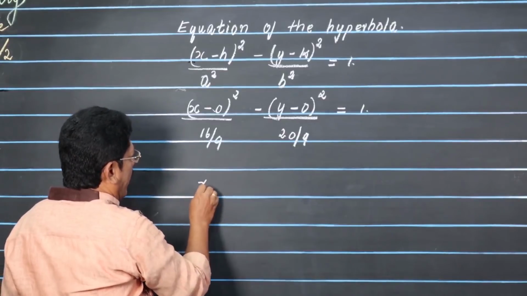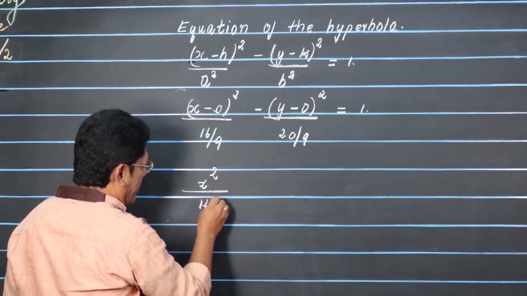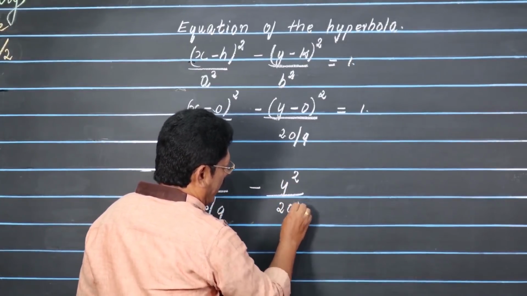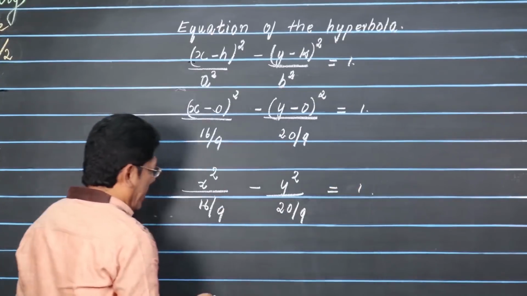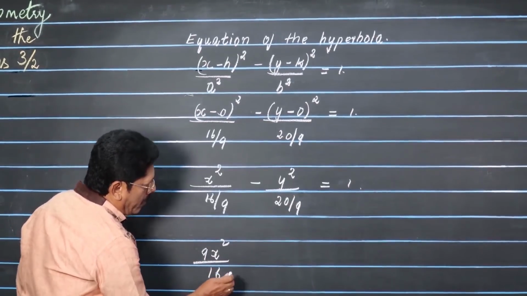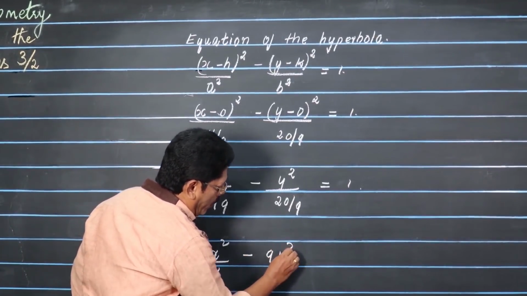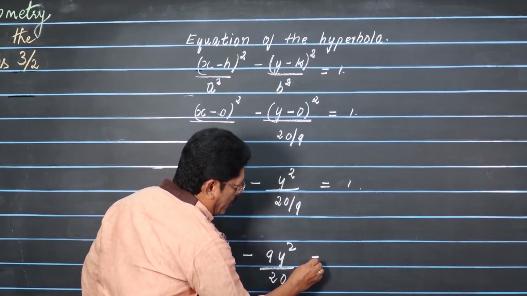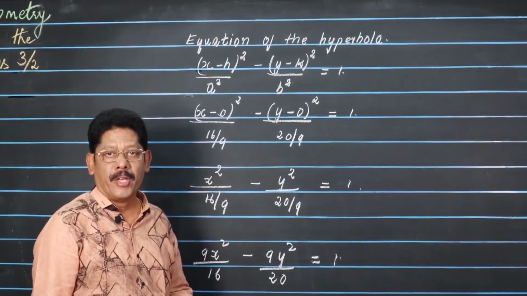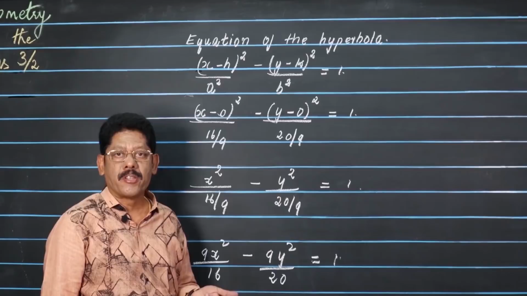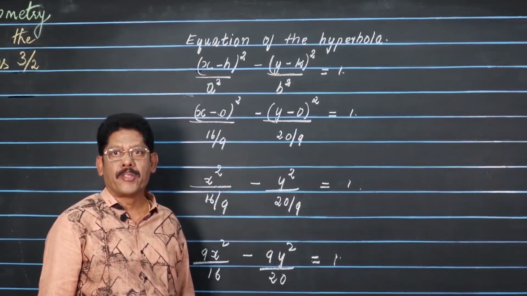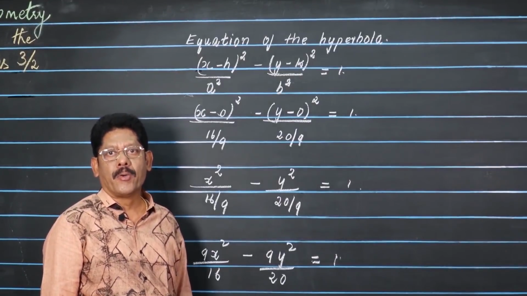And this will give you x squared by 16 by 9 minus y squared by 20 by 9 equal to 1. And this equation will be 9x squared by 16 minus 9y squared by 20 equal to 1. This will be the required equation of the hyperbola with its transverse axis along the x-axis, for the given data foci equal to plus or minus 2, 0 and eccentricity equal to 3 by 2.